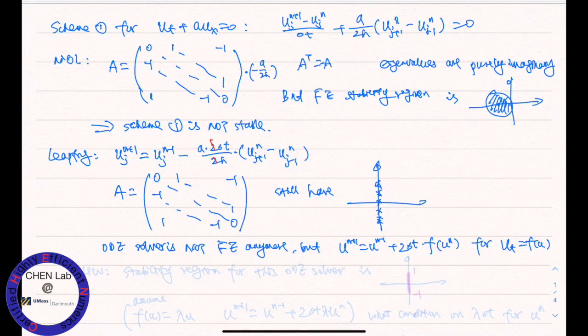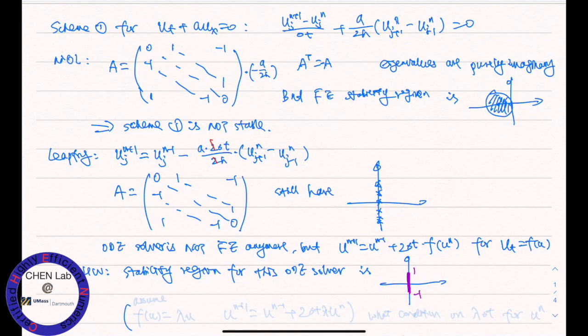We didn't discuss its stability region, but it's a simple homework problem. The stability region for this ODE solver is actually this line, it's i here, negative i here along the y-axis.